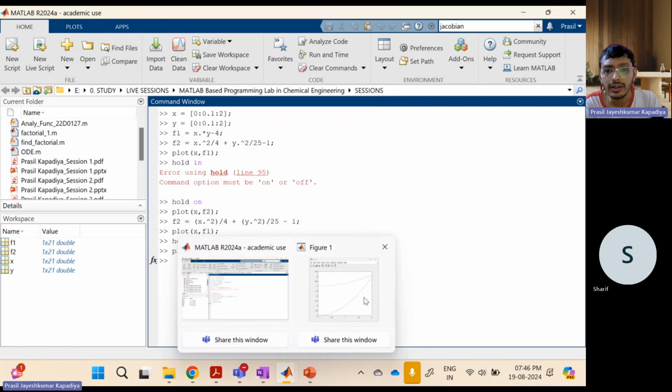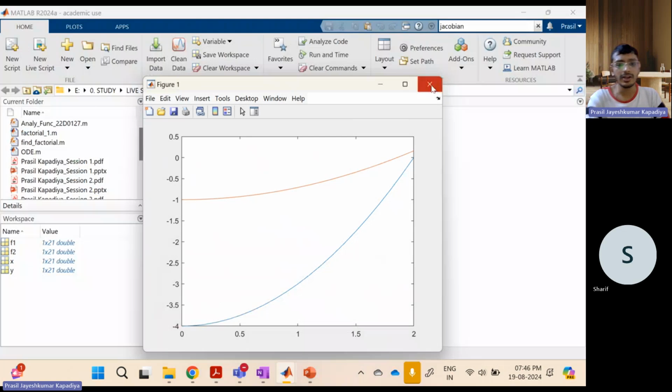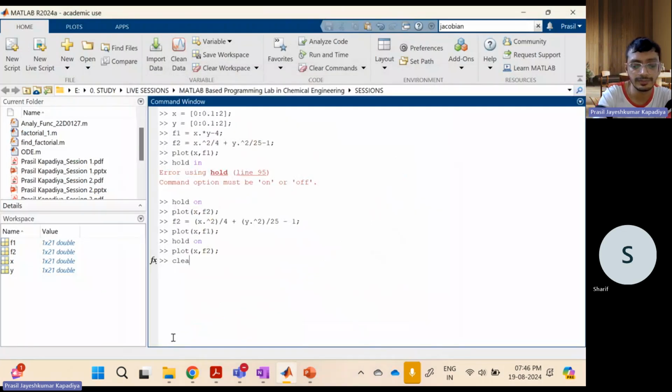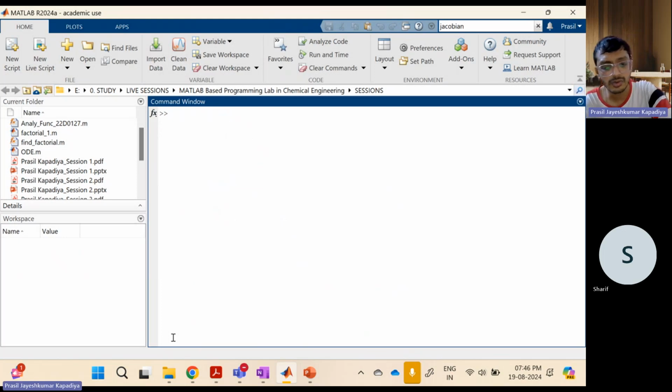Are we getting it? Yeah, it is somewhere after that. So let's do it using the fsolve command. My f is equal to @(x), x(1) into x(2) minus 4.